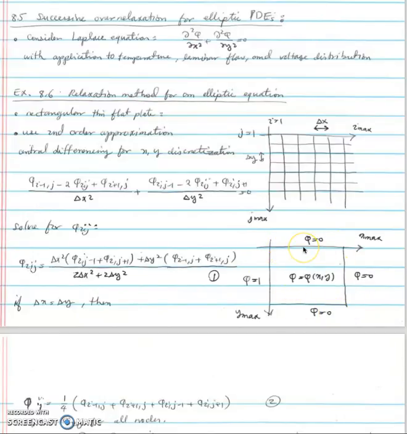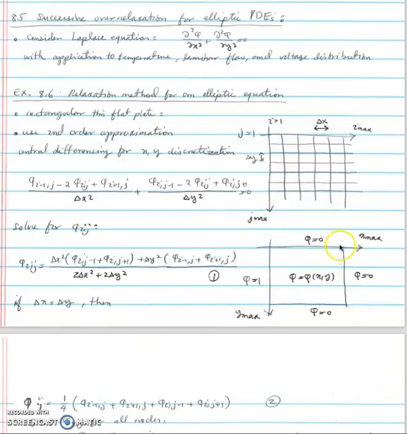In this case, phi has the concept of voltage. You can assume the voltage is 0 here, 0 here, 0 here, and a voltage equal to 1 here. Then the question is, what is the voltage inside this box? So you have to solve this Laplace equation, and the solution for phi is actually the voltage at any point x and y.